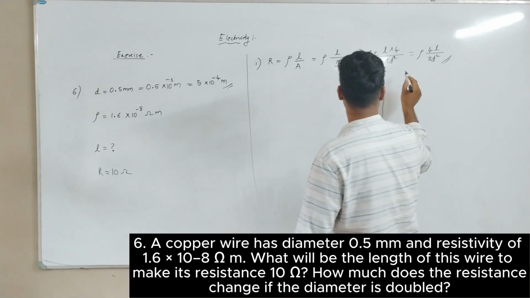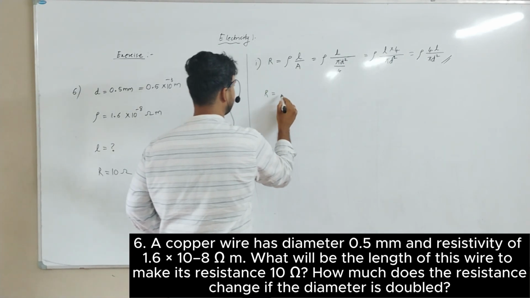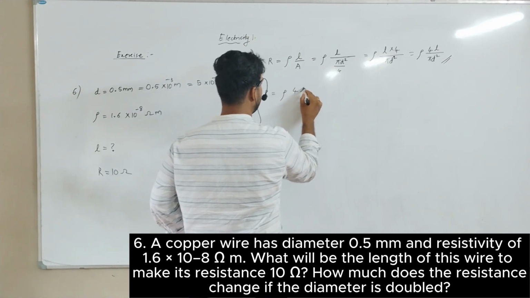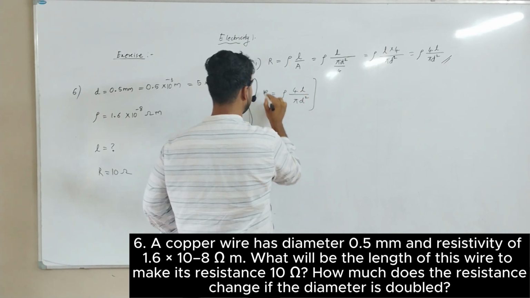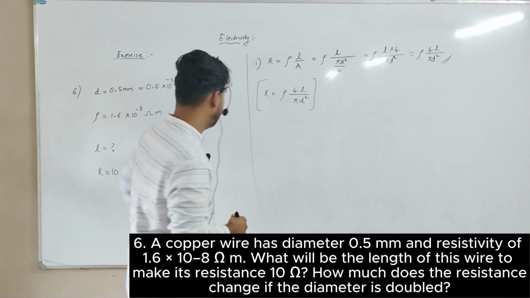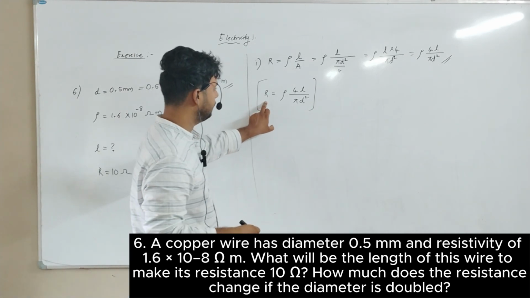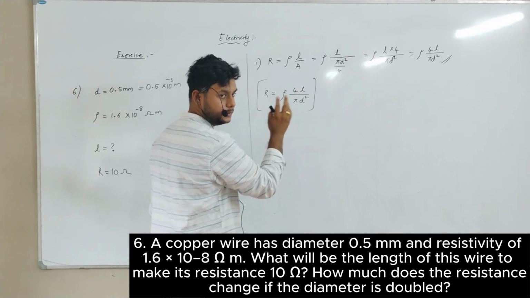So remember the new formula, R is equal to rho 4L upon pi d square. We have used this formula also. This is your formula. But what am I finding here? I am finding length, not resistance.